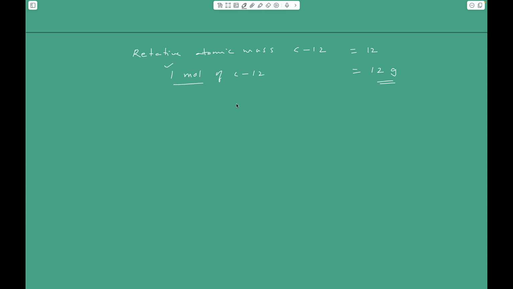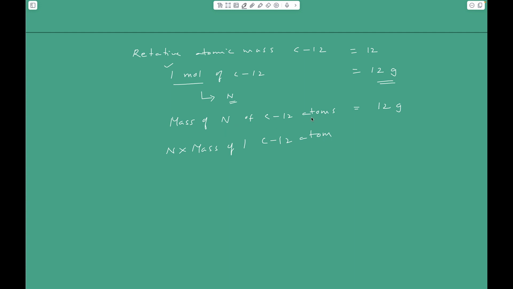And in 1 mole of C12, how many C12 atoms are there? You know the answer. 1 mole of any substance contains an Avogadro's number of particles by definition. So 1 mole of C12 means the mass of an Avogadro's number of C12 atoms, and that is equal to 12 grams. Now, can I write this as N times mass of one C12 atom?